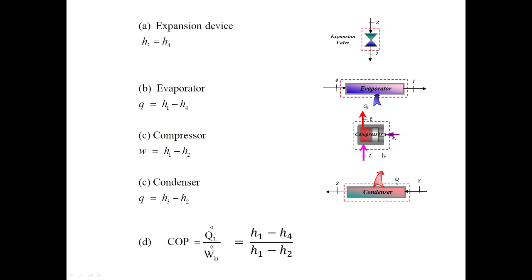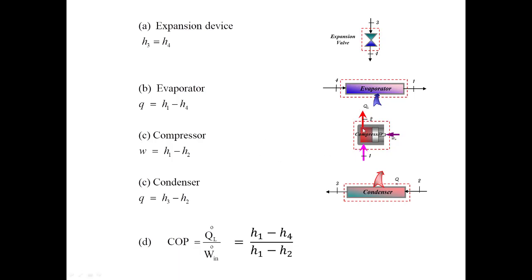Now come to the work input to the compressor. Again, W in is equal to the difference of the enthalpy, H2 minus H1. I'm applying the energy balance for each component. If you recall, the energy balance is Q minus W is equal to the change in energy of the system.